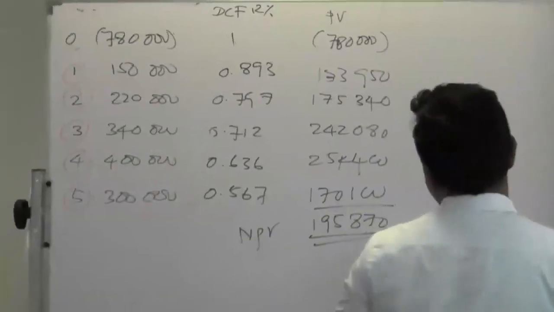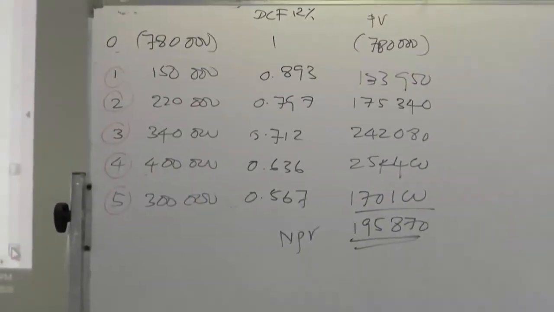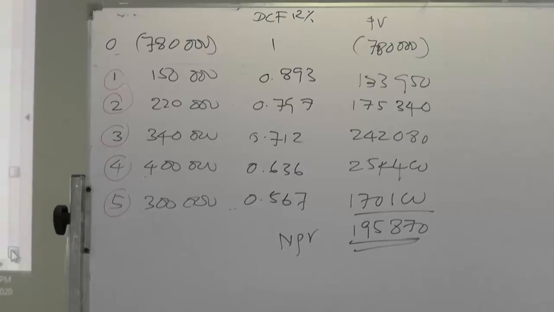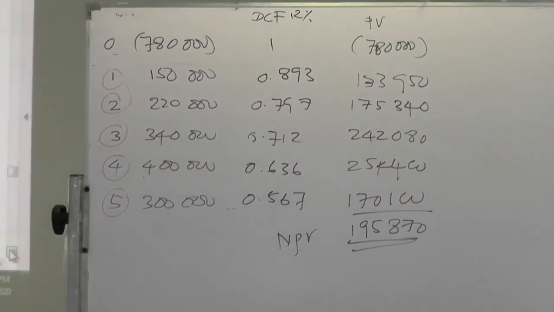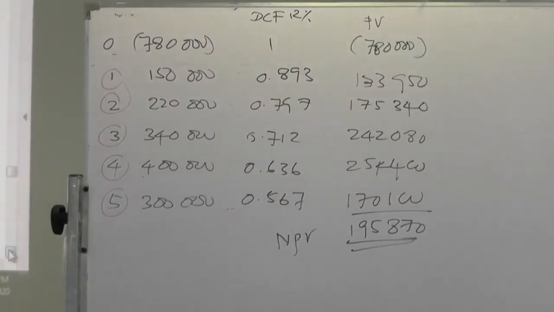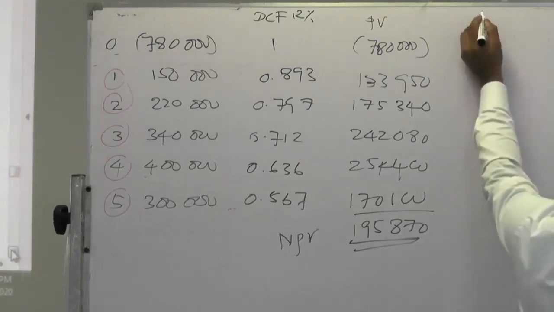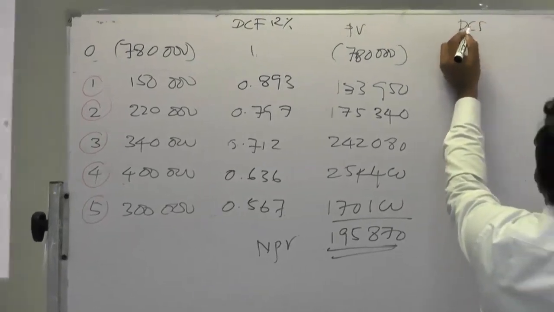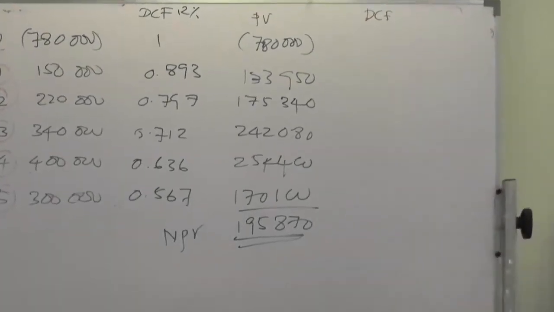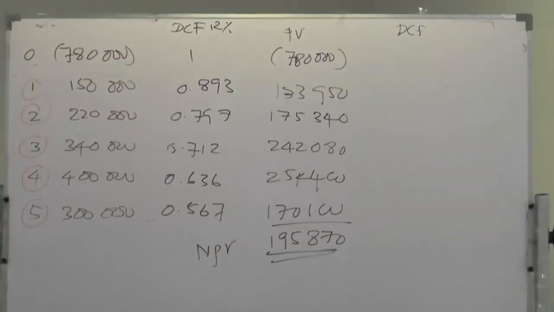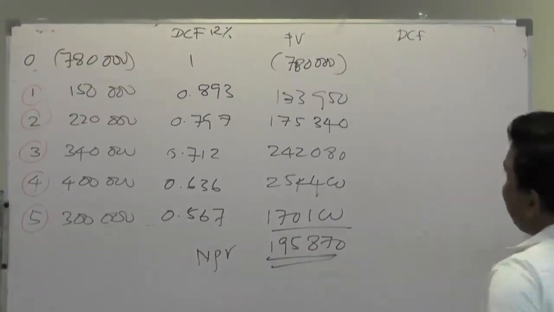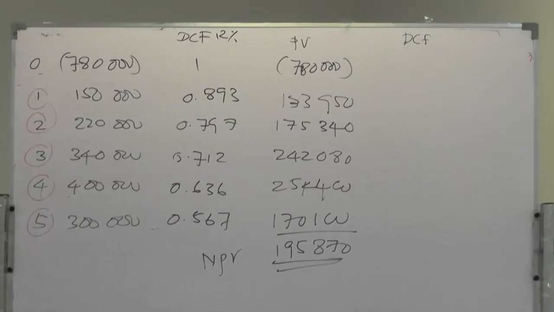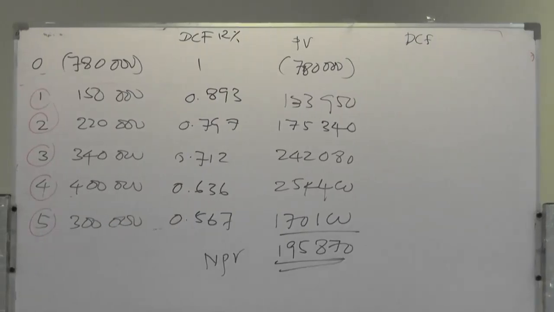To calculate the IRR we have to have another present value calculation which gives a negative NPV. You have to decide on a discounting factor which gives a negative NPV. Now at 12% it is 195,000, right? Therefore we can double it.